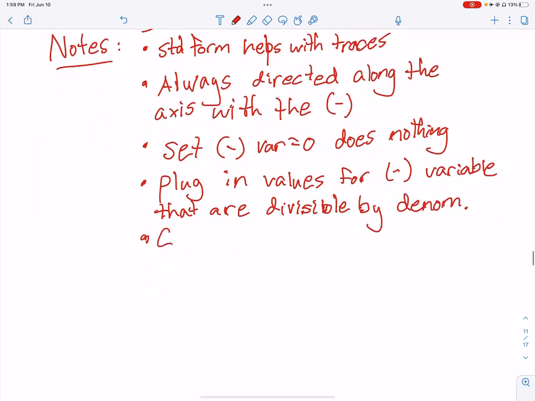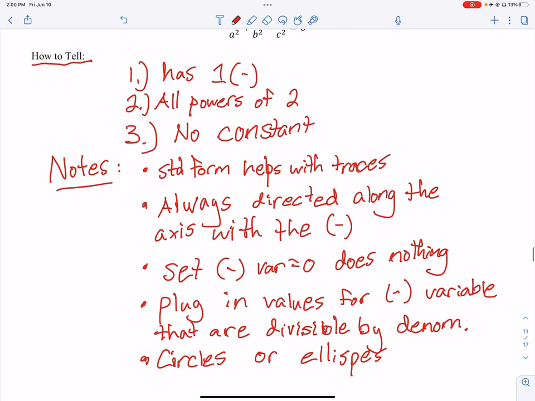When you do that, you'll get circles or ellipses. All right, there's the information that will be useful to graph. Pause here if you need to write that down.